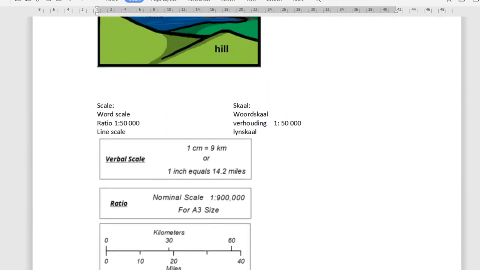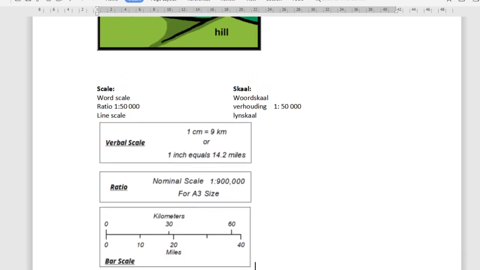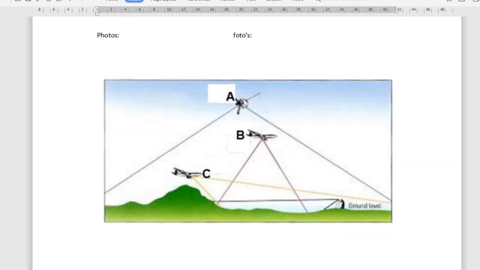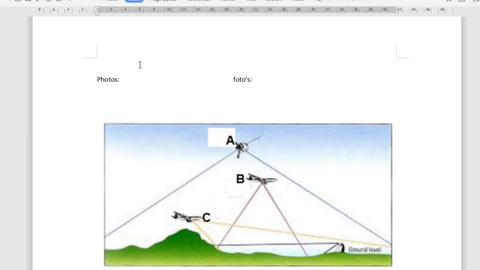Okay. So dit is 'n woordskaal en 'n lynskaal. Okay. Op die kaart, on the topographical map, it's always 1 to 50,000. Remember that.